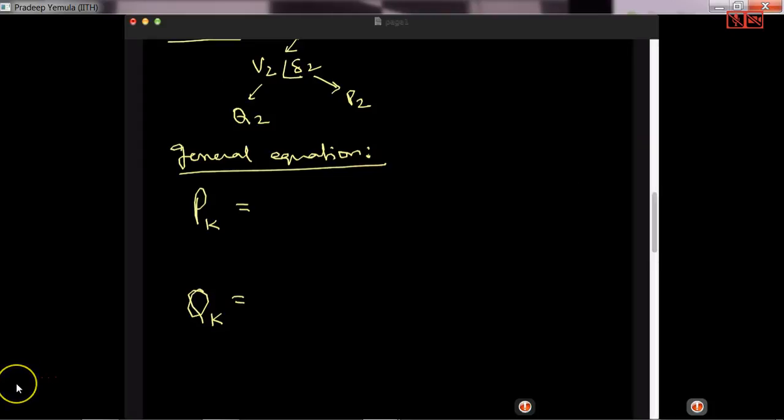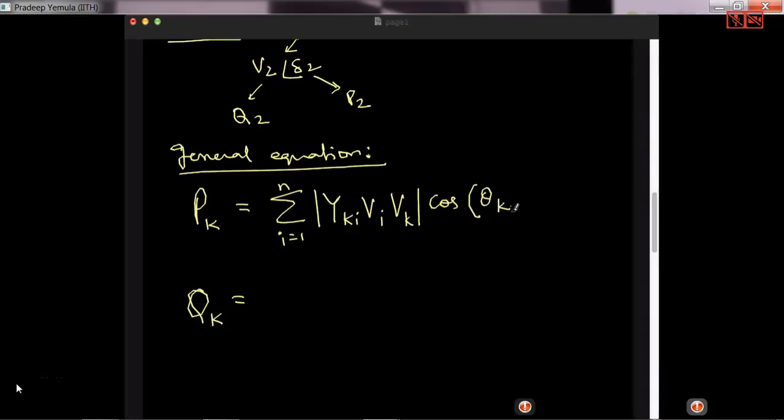I'm just pausing so that you can try writing it yourself. So it is the sum over i equal to 1 to n of Yki, Vi, Vk, these are all magnitudes, then a cos function of theta ki plus delta i minus delta k.